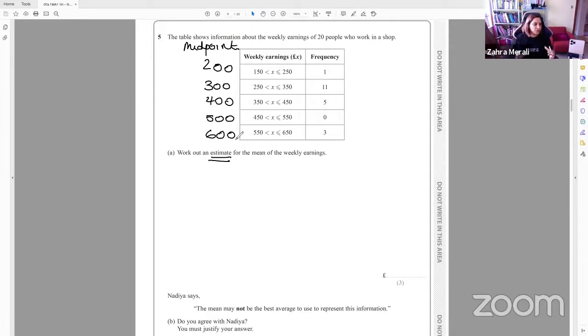And then in order to do the mean, we need to work out the total at the top, which is going to be our midpoint multiplied by our frequency.